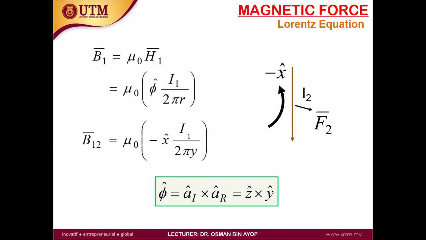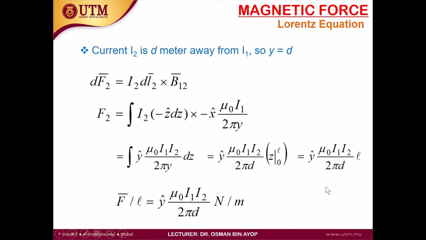How about r? Basically r is the distance between the two conductors, which is in the y direction, so we can change r into y. We can see from the figure that the current I2 is d meters away from the current I1, so we can change y into d.